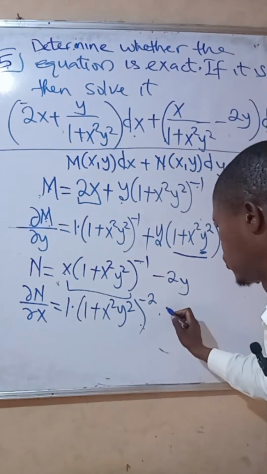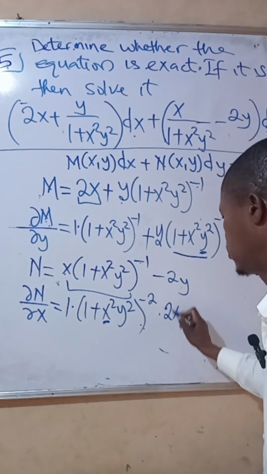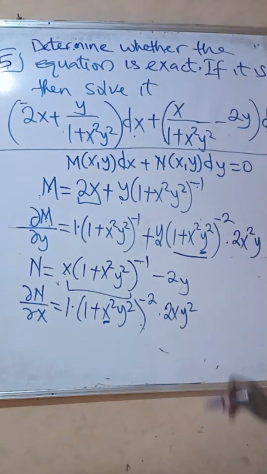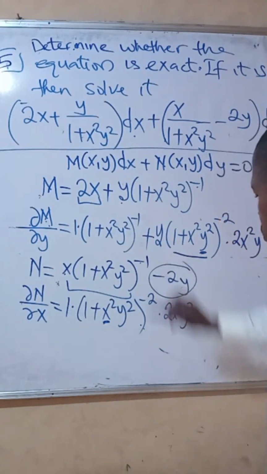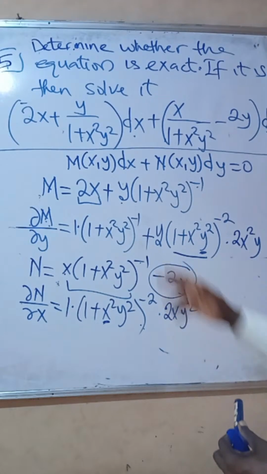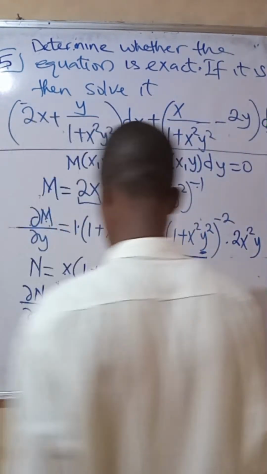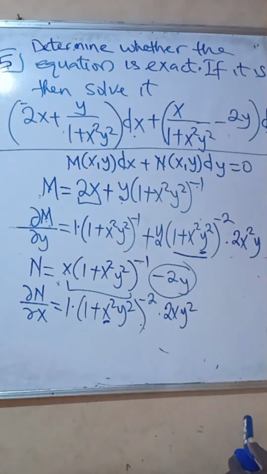I'm only differentiating the x squared, so that will be 2x y squared. This one, with respect to x, is going to be 0. I hope there's no mistakes. Let's check.